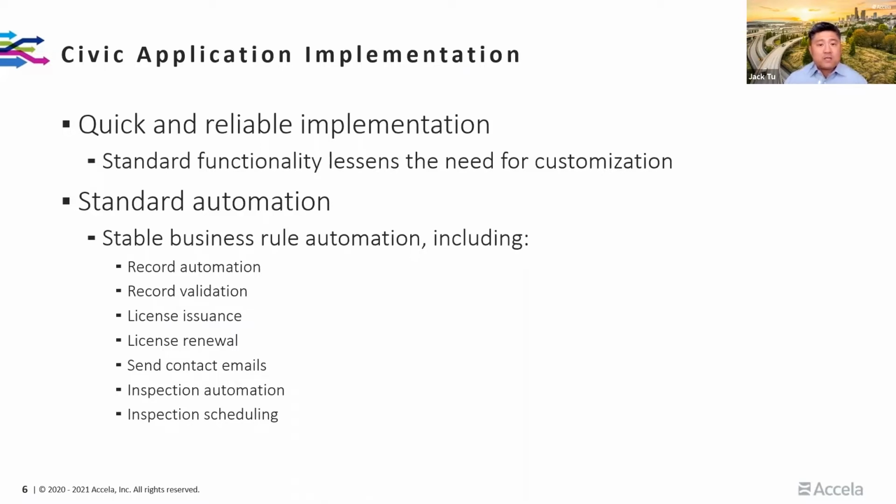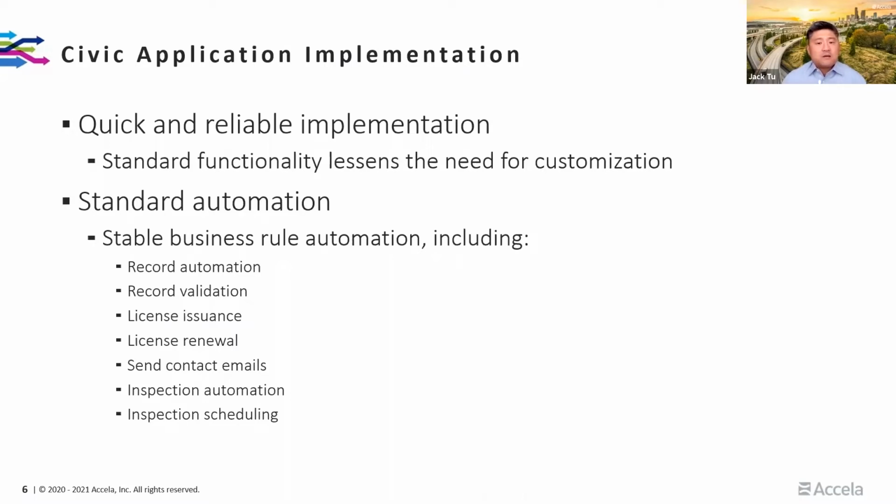In addition to that, in regards to standard automation, for these business rules, we have what we call configurable scripts. These configurable scripts are pre-developed, so the code already exists for our specific business rules that we've seen.